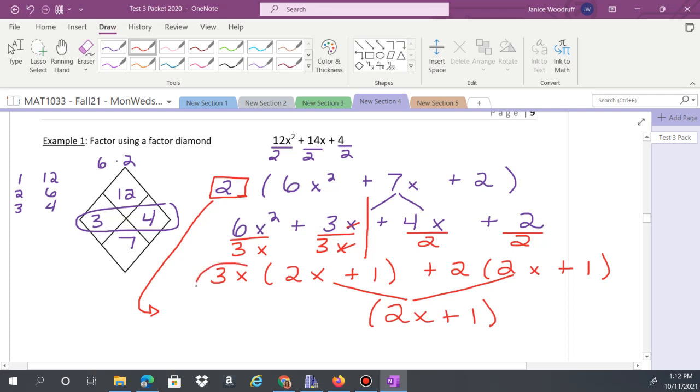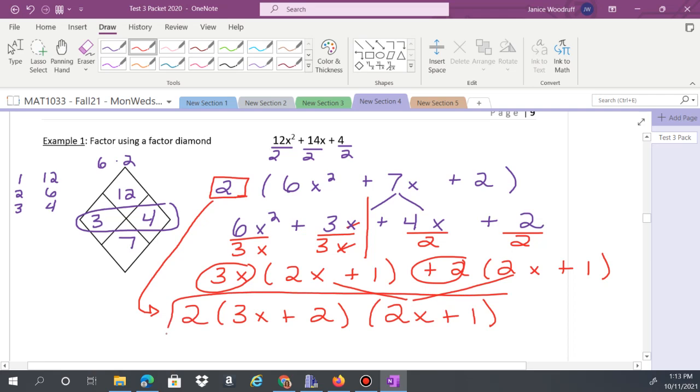And then you factored that out. You're left with a 3x plus 2. And then I carry down the 2 from the very beginning. Here's my final factorization. So 2, then 3x plus 2, 2x plus 1.